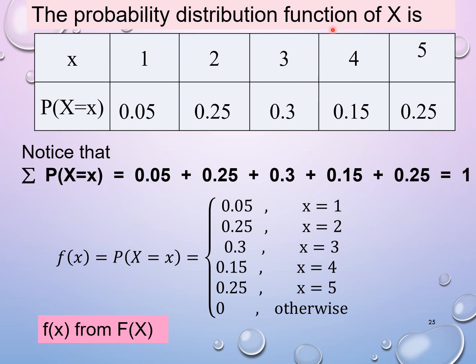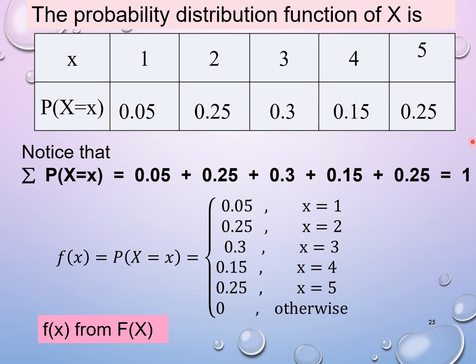Or instead of writing it down in table form, you can write it down using this form: fx equal to probability x equal to x equal to this. So you have two options, whether to write it in this form or in table form.